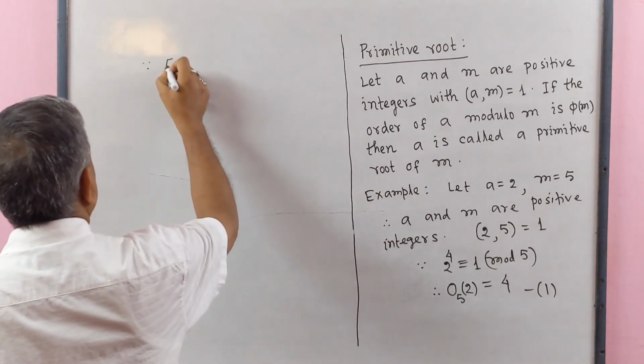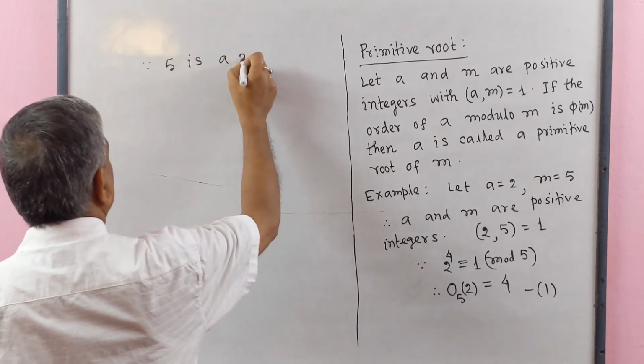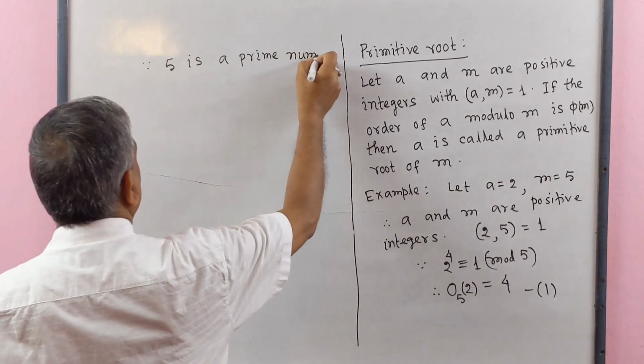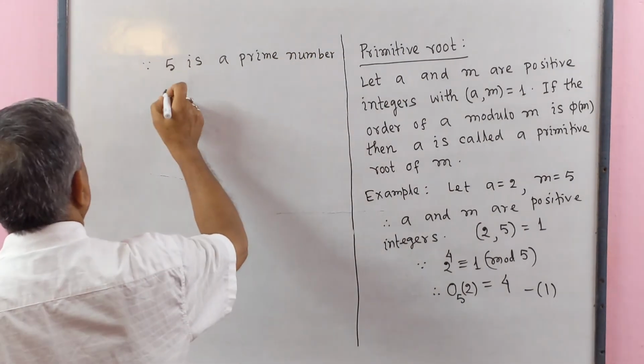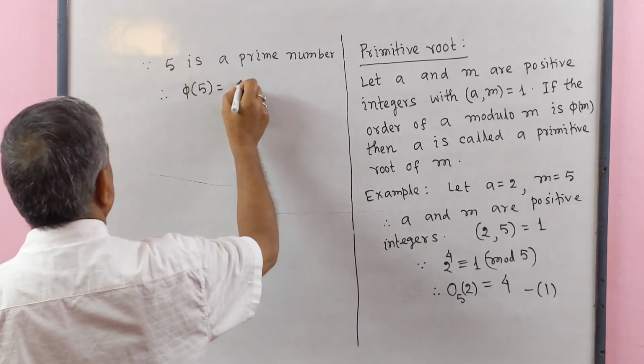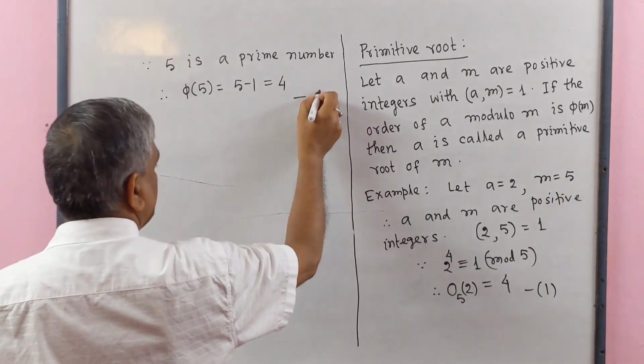Since 5 is a prime number, therefore phi 5 equal to 5 minus 1 equal to 4. This is number 2.